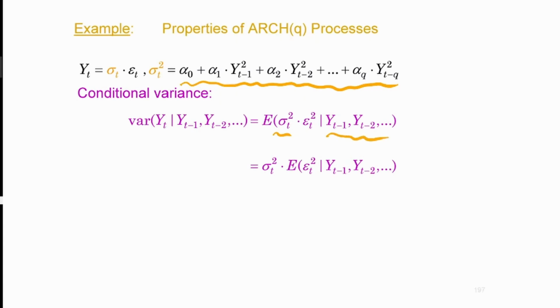So if you know what the past of yt is, then you know what sigma squared is or was. So you can simply take it out from the expectation operator because there is no randomness involved anymore. You understand what I'm saying? So if you know the past, then it is a constant. And if it is a constant, there is simply a linear transformation involved, and then you can simply take it out from the expectation operator. Do you guys get that? Okay?